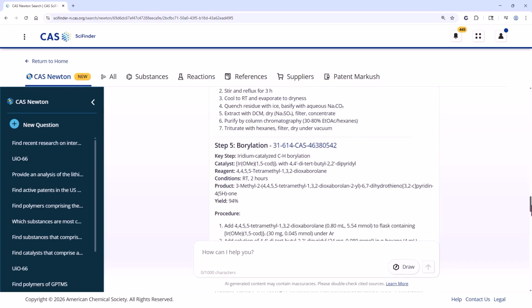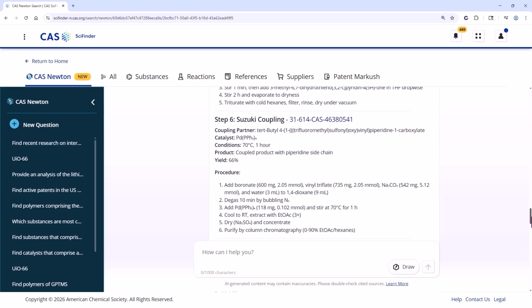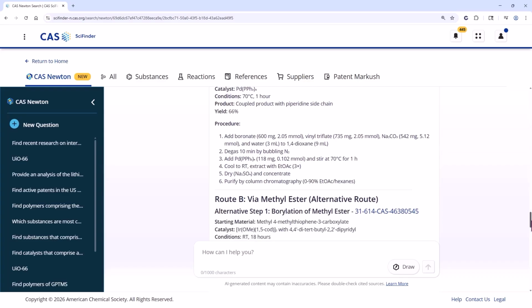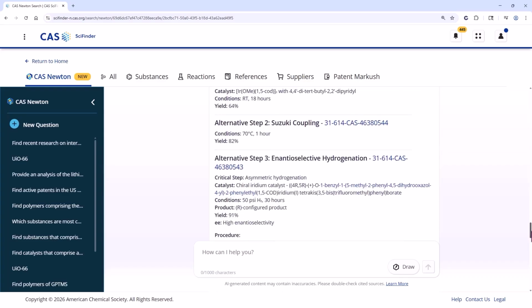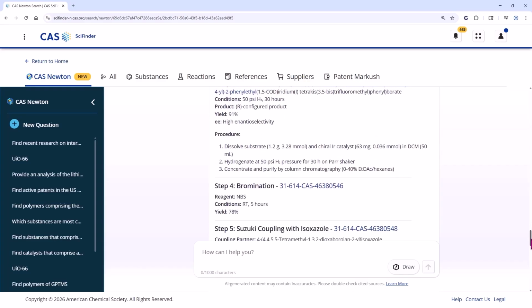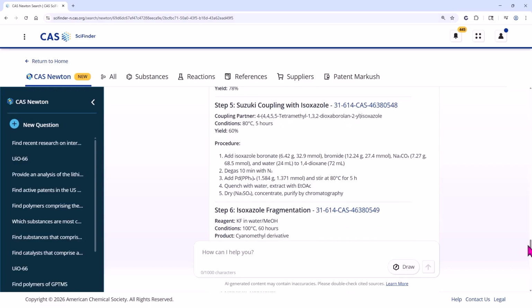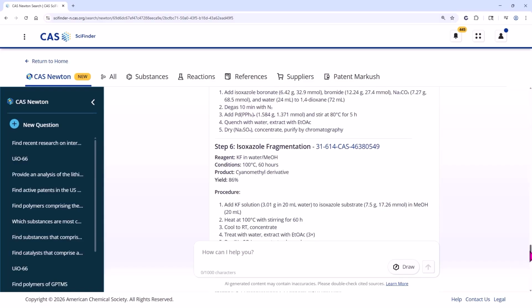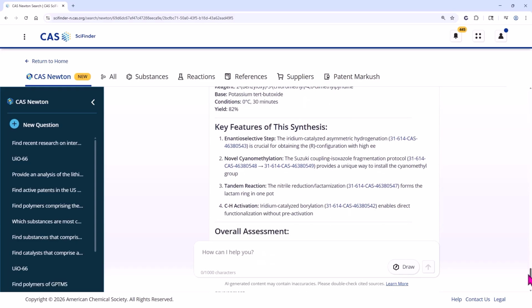Furthermore, Newton employs proprietary CAS tool sets and algorithms to perform the search and analysis of the CAS content collection. These are mechanisms that enable the agentic system to properly search and analyze the excellent content in our databases.